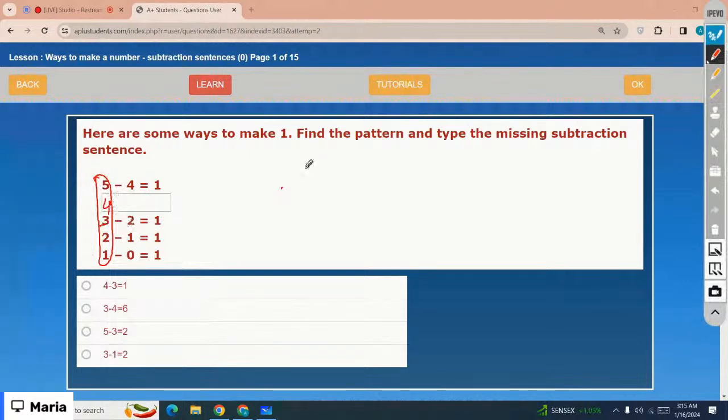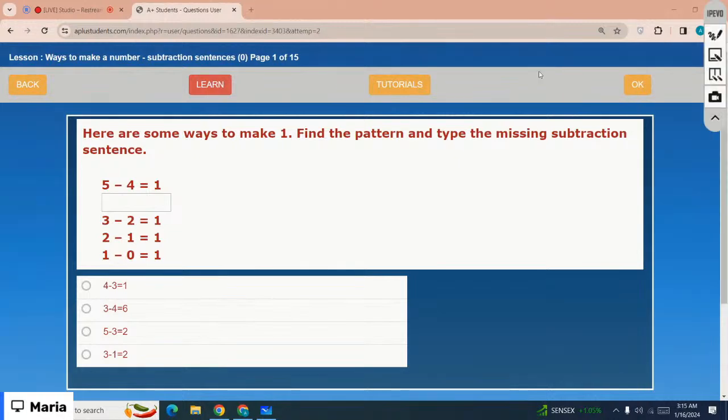Then the number between 2 and 4 is 3. So that would be 4 take away 3. And yes, that also makes 1. Option number 1 is the correct option.